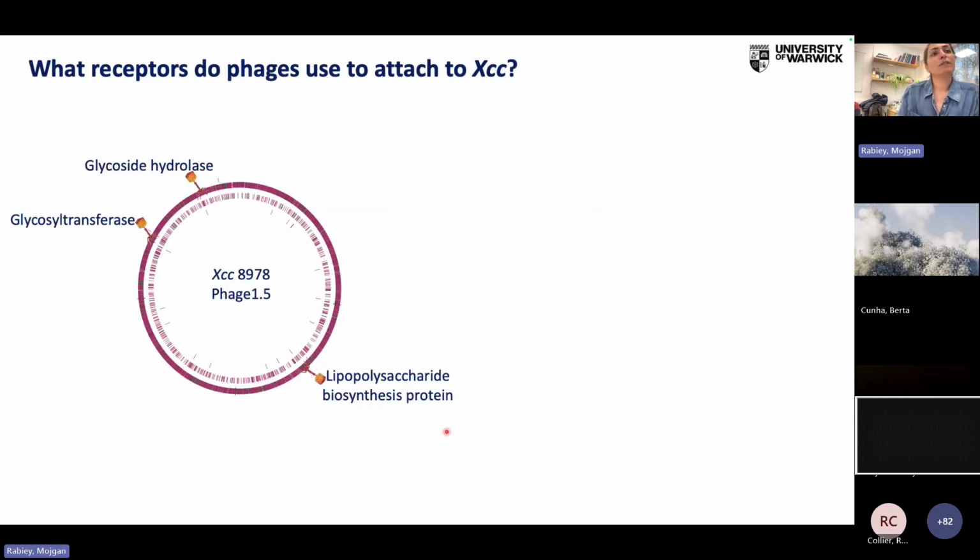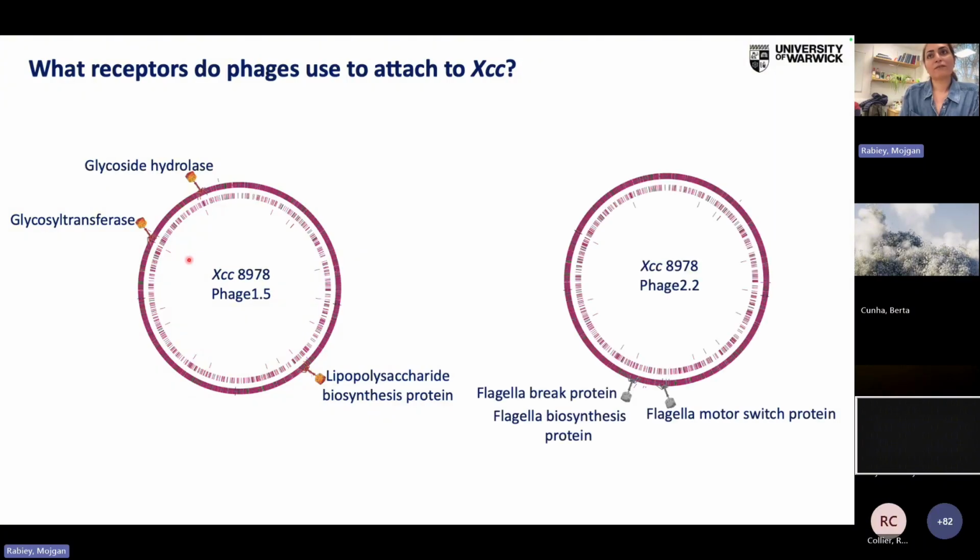We did a series of artificial resistance mechanism experiments in the lab, and we genome sequenced the bacteria afterwards, and we found, for example, that phage 1.5 uses lipopolysaccharide as its receptor, and phage 2.2 uses flagella as its receptor. So you could see that these phages are quite ideal for us to use in a phage cocktail, because not only do they not target the same receptor, so they don't antagonize and compete with each other, but they also target different races.